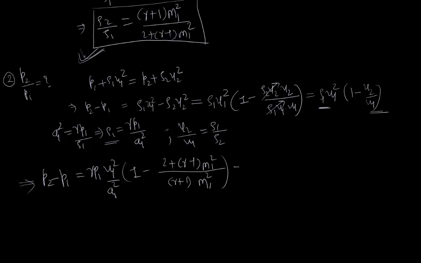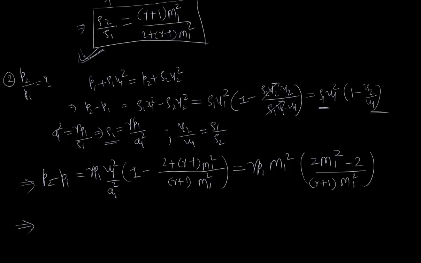This equals gamma P1 into M1 square. By simplification we get 2 M1 square minus 2 divided by gamma plus 1 M1 square.